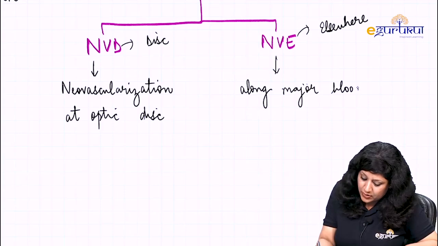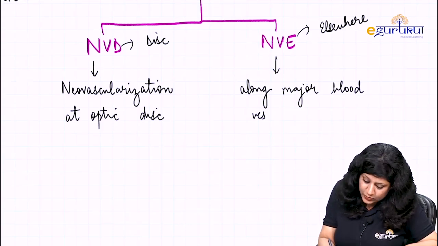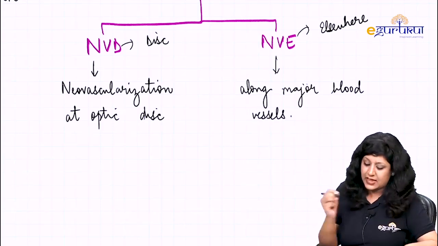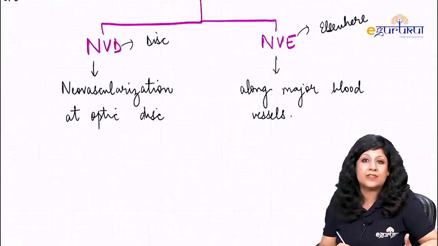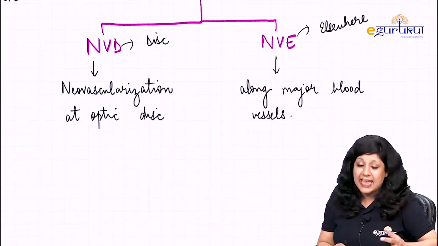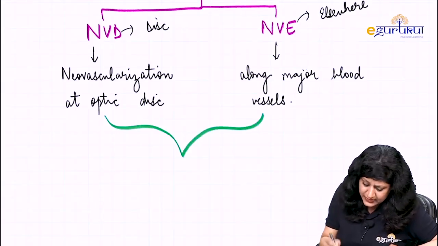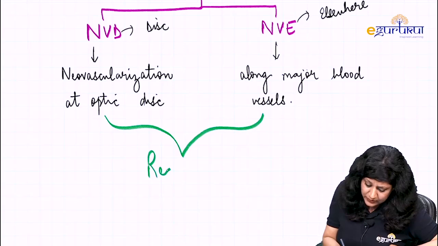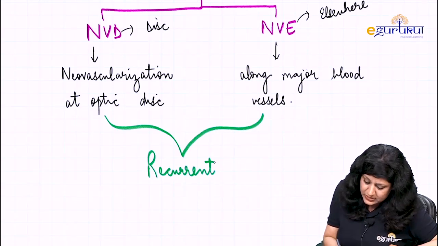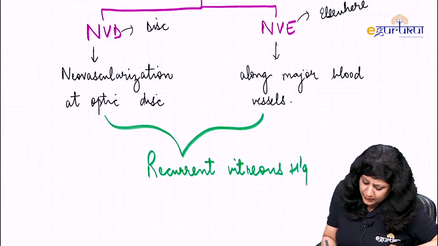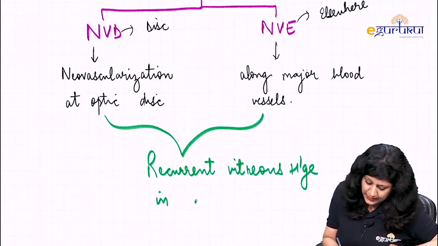So when it is found at the optic disc, it is neovascularization at the disc, and when it is found along the major blood vessels, that is called NVE, and it is this which is responsible for the recurrent vitreous hemorrhage in the elderly.